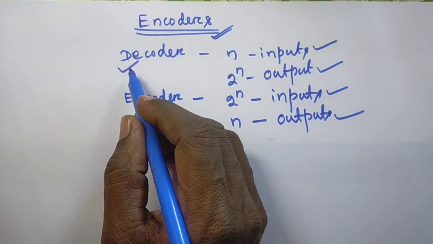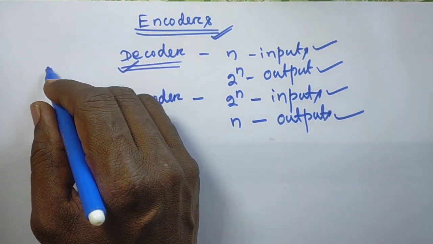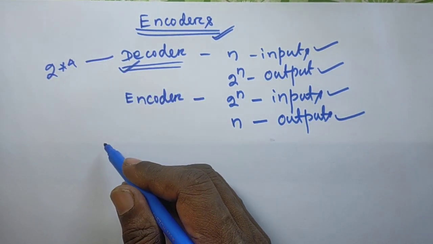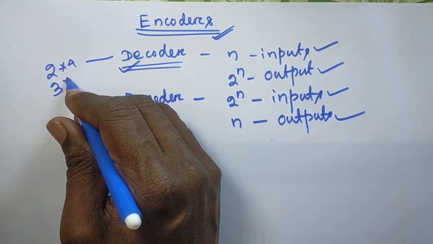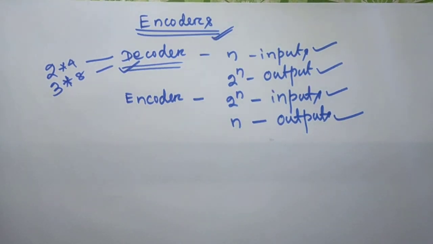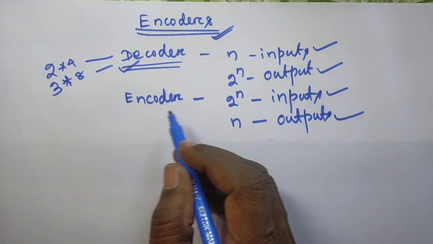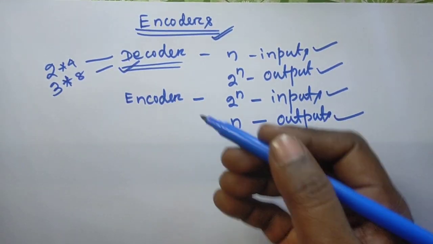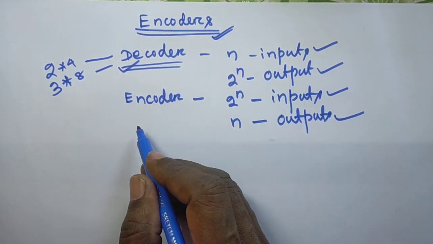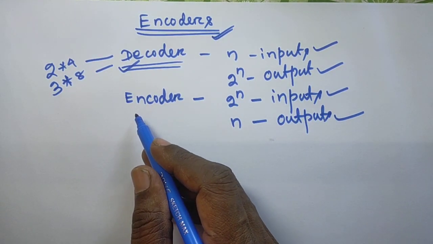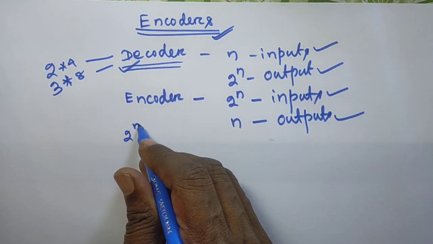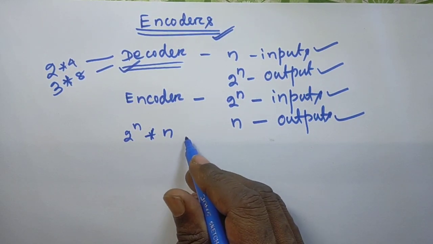Suppose we go through a decoder. What is the design? We can call it a 2 into 4 decoder, or a 3 into 8 decoder. Similarly, the encoder is named in a similar kind of way, just the reverse, because input and output are reversed. We can call an encoder a 2 to the power n into n encoder.